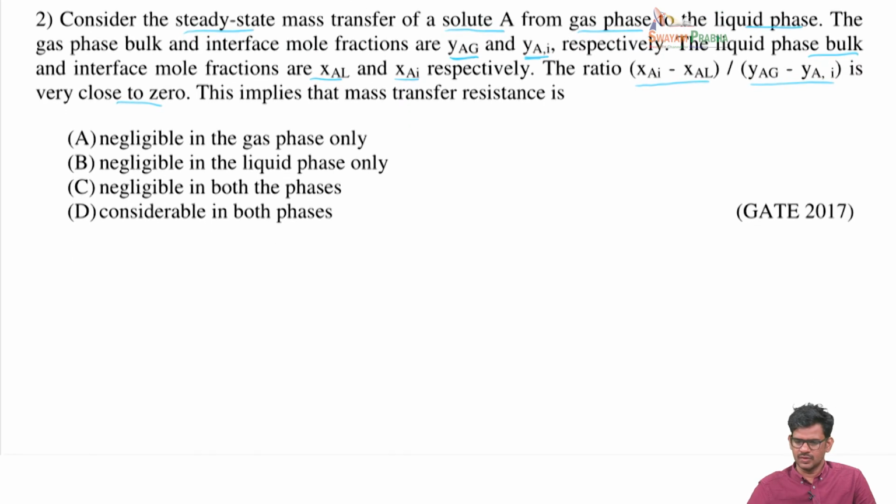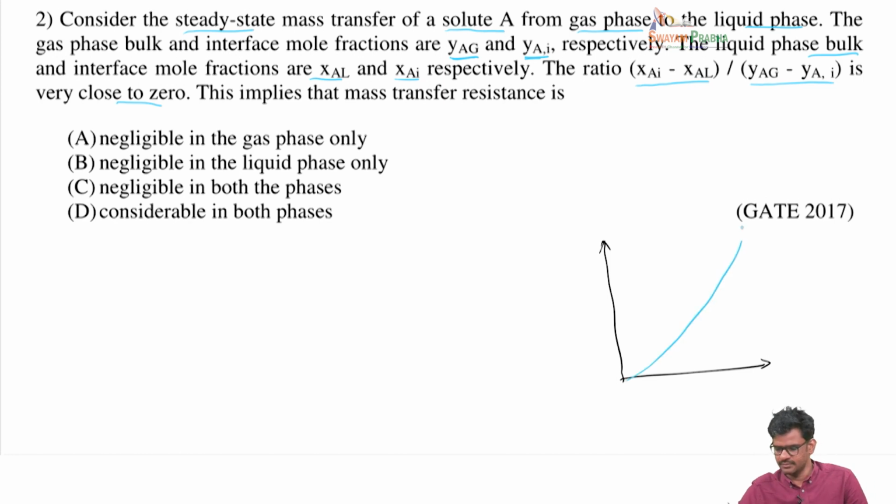In order to do this problem, you may recollect I was showing this diagram where I have the equilibrium line. This is y versus x. This is the equilibrium line, y equal to some function of x. It's an absorption, gas to liquid. So the bulk composition can be represented somewhere above the line, and then the interface concentration can be somewhere here. And we already said what the slope of this line is, governed by the mass transfer rates.